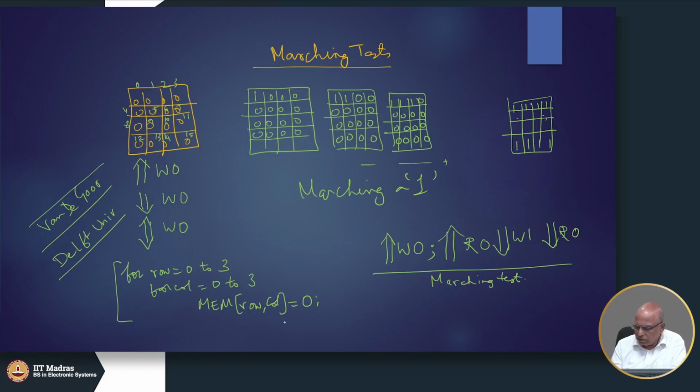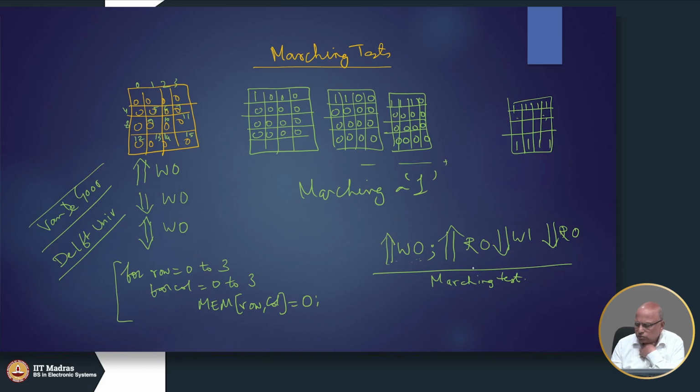And what does it mean? Start from location 0 and go all the way up to 15 and keep writing zeros. Then start from 0 to 15 and simply read. Okay. So this marching has already happened. You have marched a 0 and filled everything with 0. Then read back just to see whether something has changed.